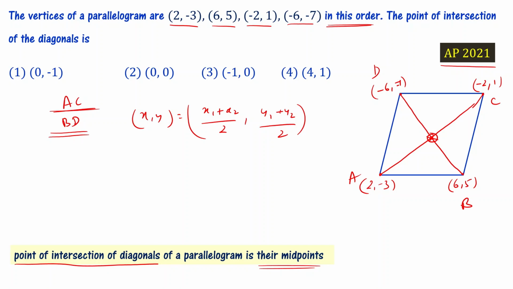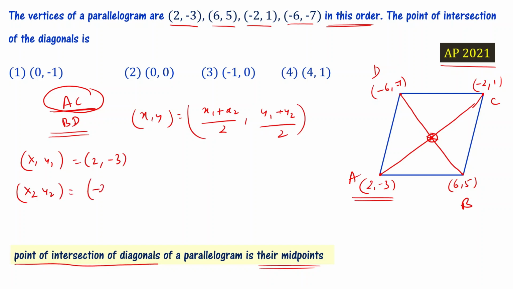Now let's say we are looking at the diagonal AC. Okay, let me say A, that is x1, y1 equal to 2, -3, right? And C is x2, y2. In this case, C is -2, 1, right?